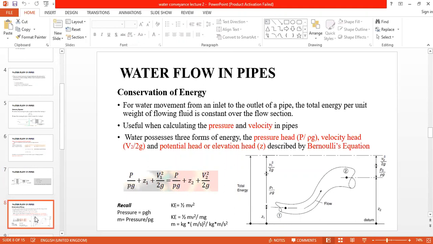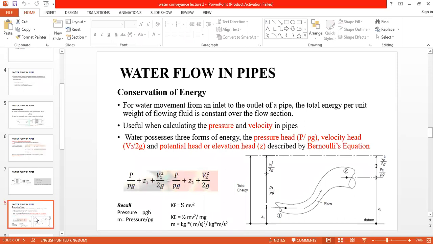The conservation of energy principle says that the energy in a system will remain the same at every point. It will just change forms. So if I apply a certain energy at the inlet, it will be equal to the energy at the outlet, only that the different forms of energy will change.